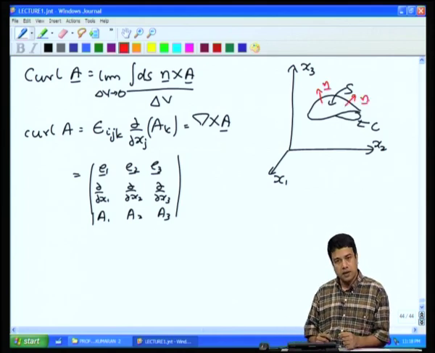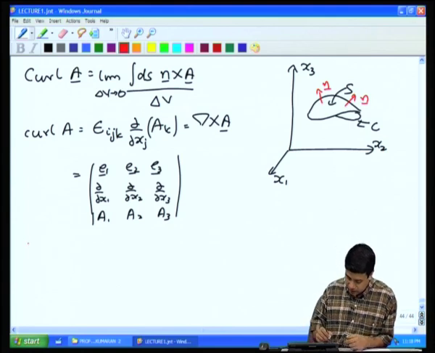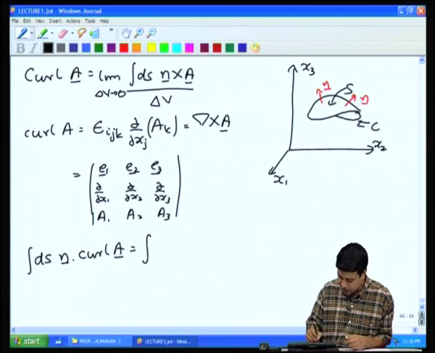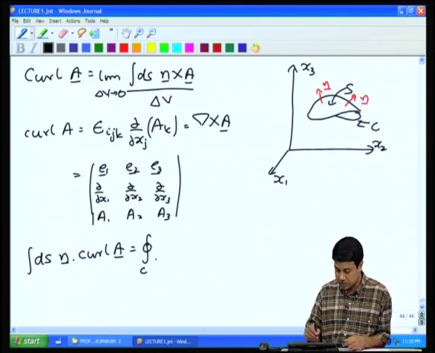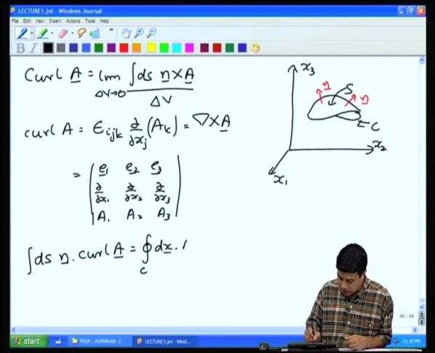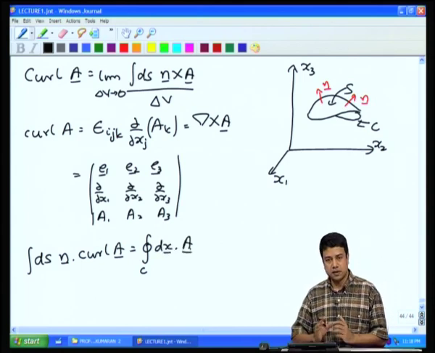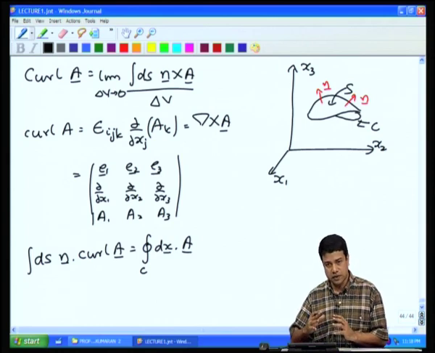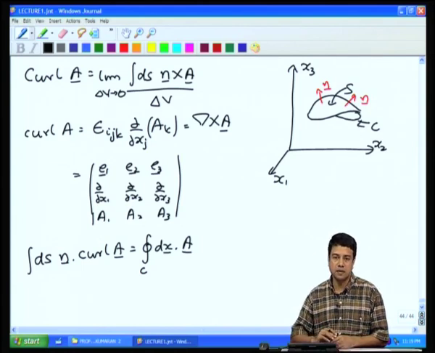And the integral theorem for the curl states that integral ds of n dot curl A is equal to the integral over the closed perimeter C of dx dotted with A. So, this is the integral theorem for curl, it is also called the Stokes theorem. Okay. So, this relates the surface integral over an open surface to the integral over the perimeter, the contour that is the perimeter of the surface, has some physical implications.